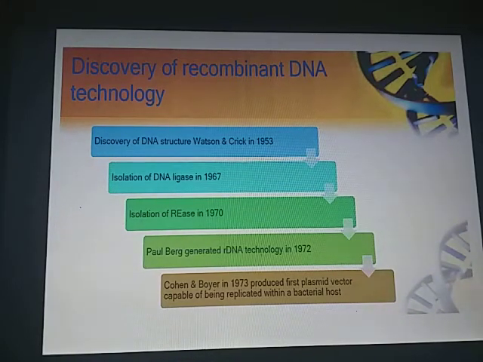In 1972, Paul Berg generated recombinant DNA. And in 1973, Cohen and Boyer produced the first plasmid vector, capable of being replicated within a bacterial host. This is how recombinant DNA technology has evolved over the years.